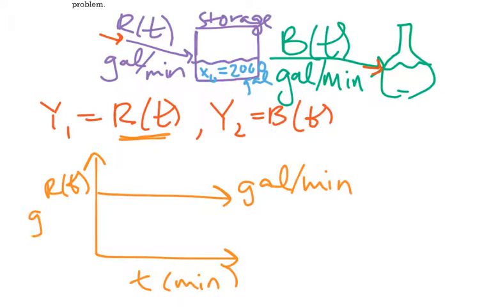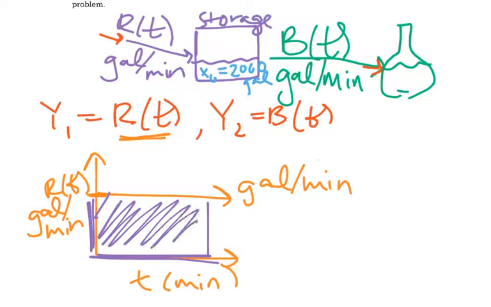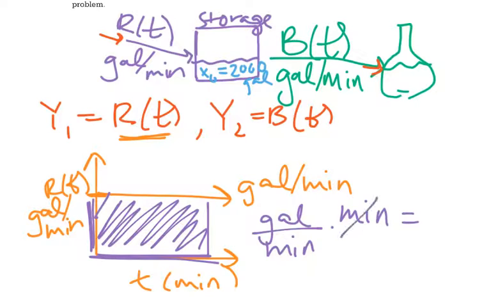If we take something that's in gallons per minute, so this y value up here, let's say it's like 10 gallons per minute, and we multiply it by time, by minutes, we get an area under the curve, but maybe more importantly, we go from gallons per minute times minutes, which gives us just gallons.